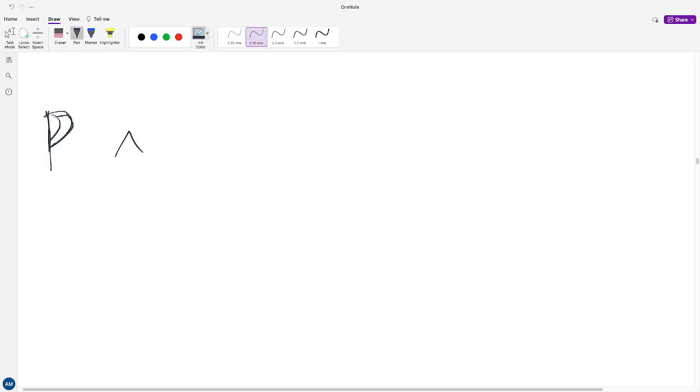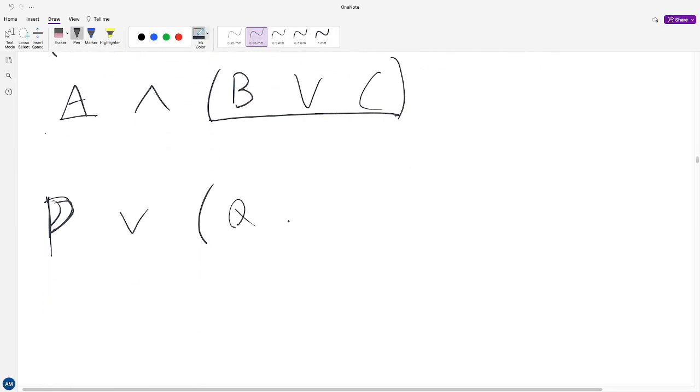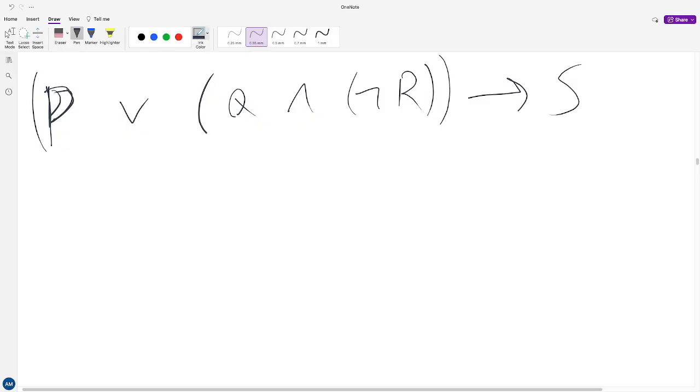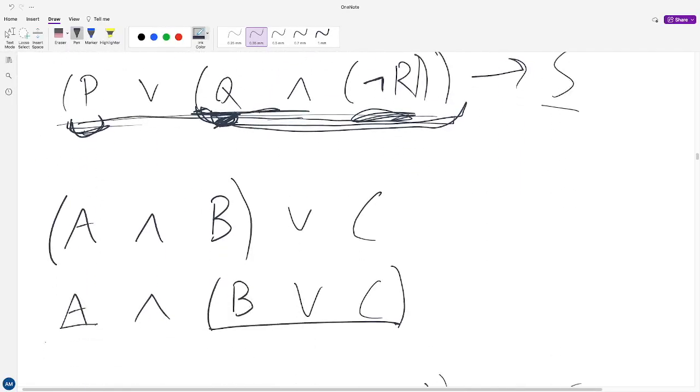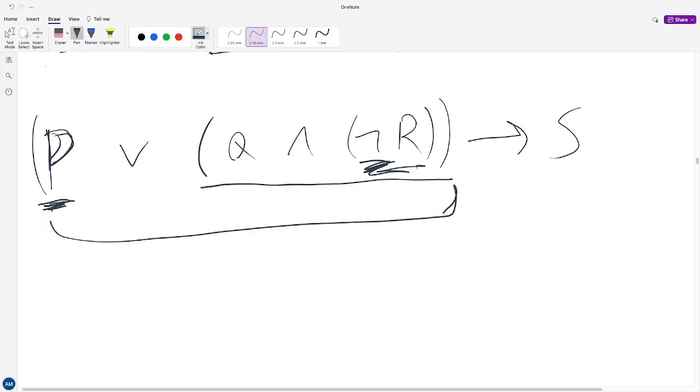P or, Q and not R, implies S. So I'm saying if Sally gets to see her friends, or if Sally has a soccer game and the game does not get rained out, then if this thing is true, if Sally gets to see her friends, or Sally has a soccer game and the game does not get rained out, then Sally is happy.